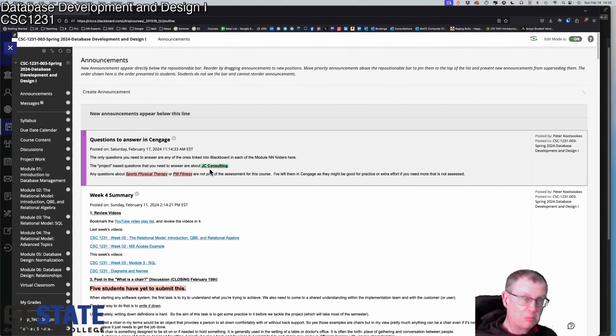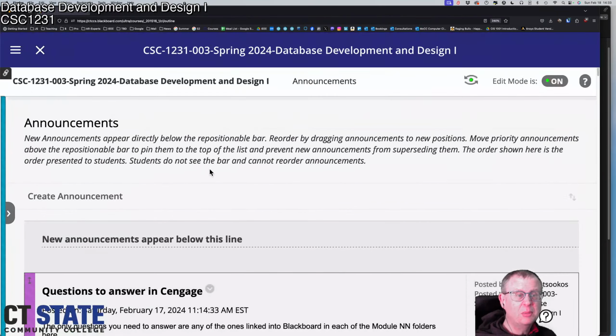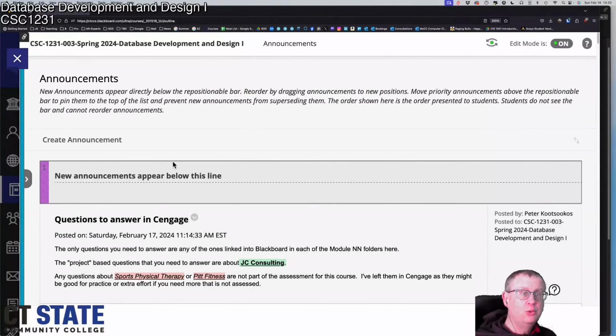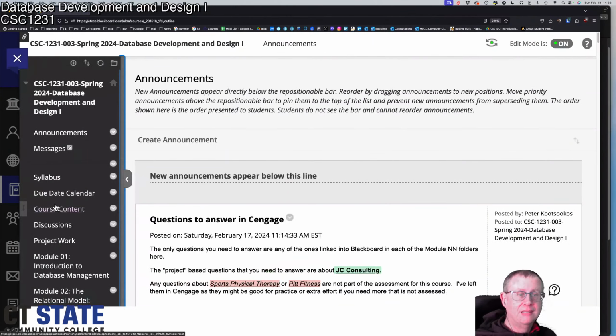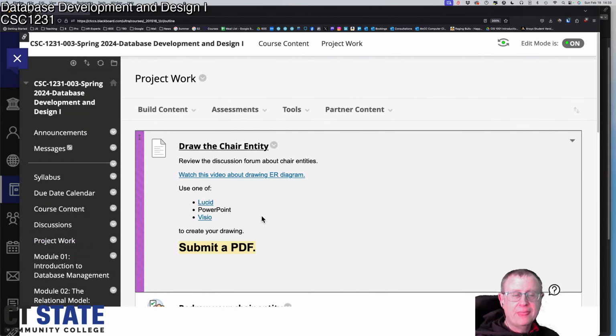Let's just make it a little bigger so maybe we can see it a bit better. That's a little too big. Okay. Right, so there's this link here called Project Work. And the draw a chair entity that I've asked you to do, and several people have already completed, that is part of this project work.